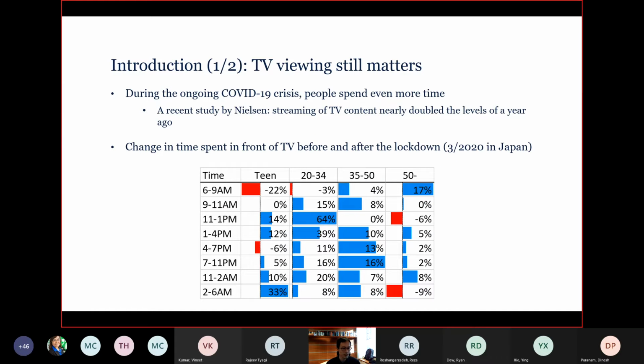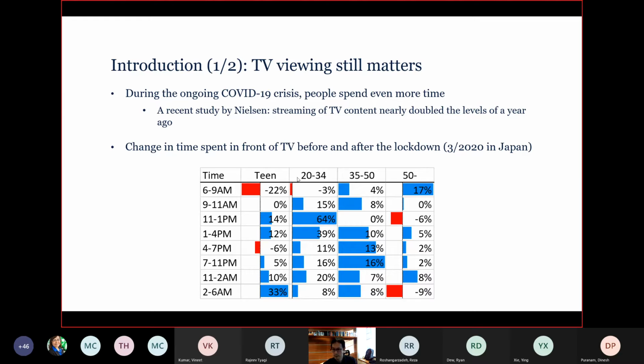And in particular, during this COVID pandemic, we spent even more time watching TV. A recent survey done by Nielsen showed that streaming of TV content nearly doubled compared to last year. So we spent even more time in front of TV during the COVID pandemic. The table I have in the slide is Japanese data, not US data.